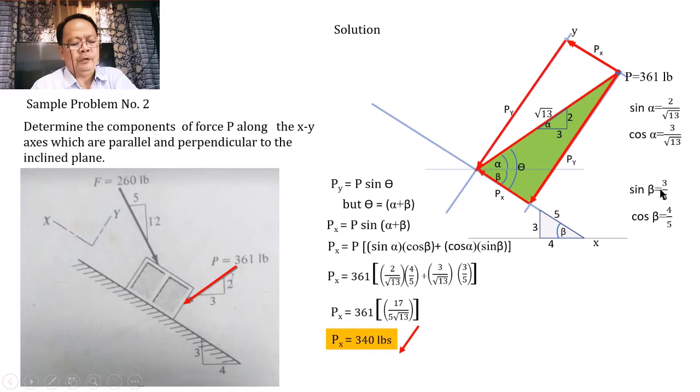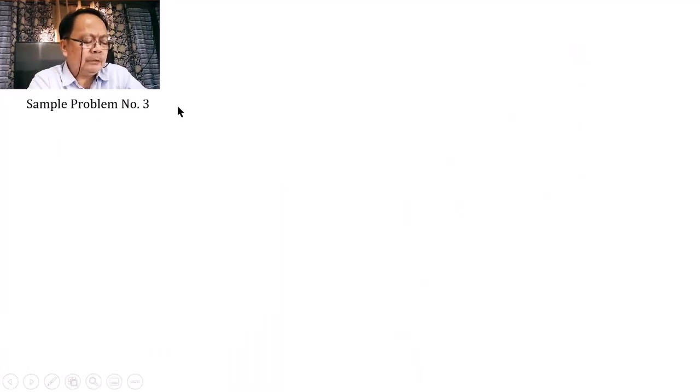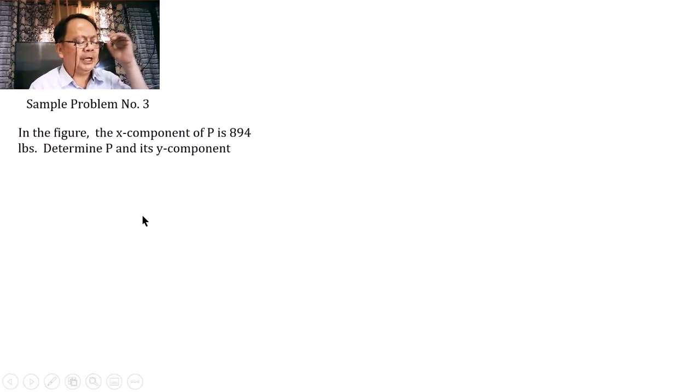Right? So, let us proceed with our third problem, and this third problem is quite interesting. In this problem, it says that the x component of P is given at 894. Determine the value of P and its y component.